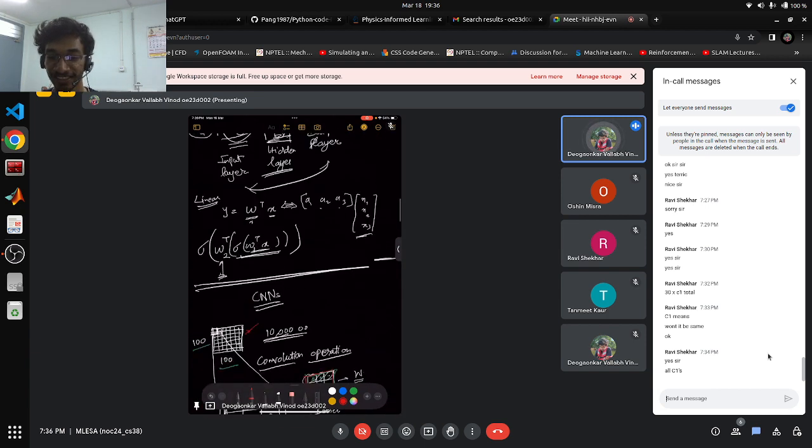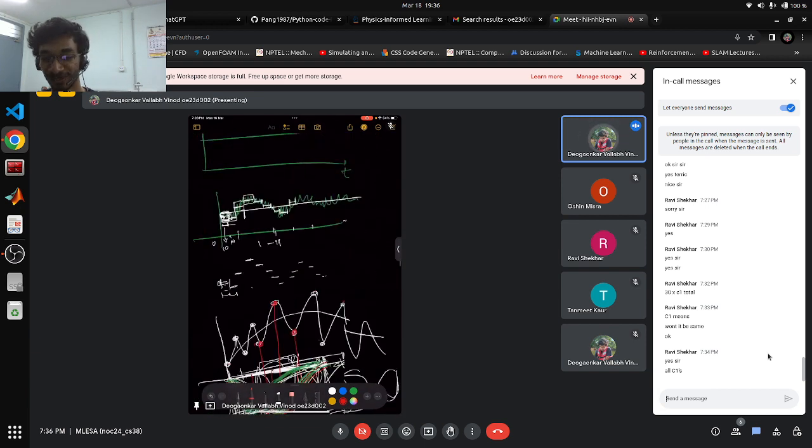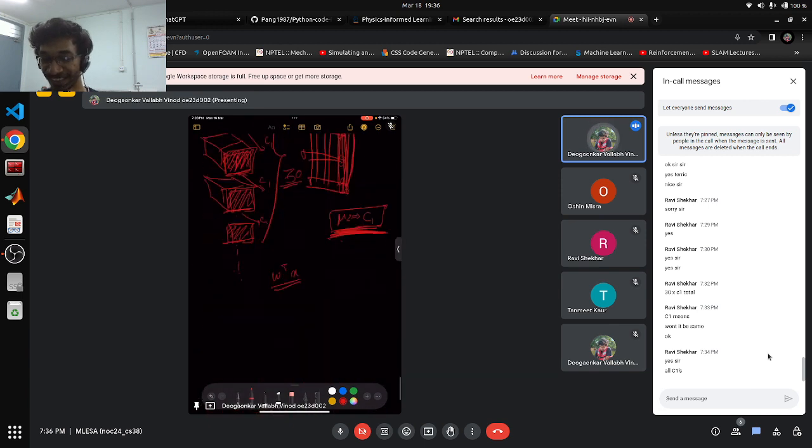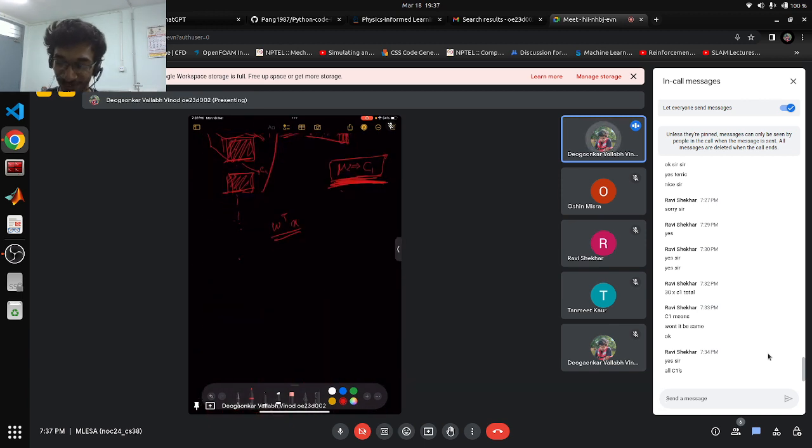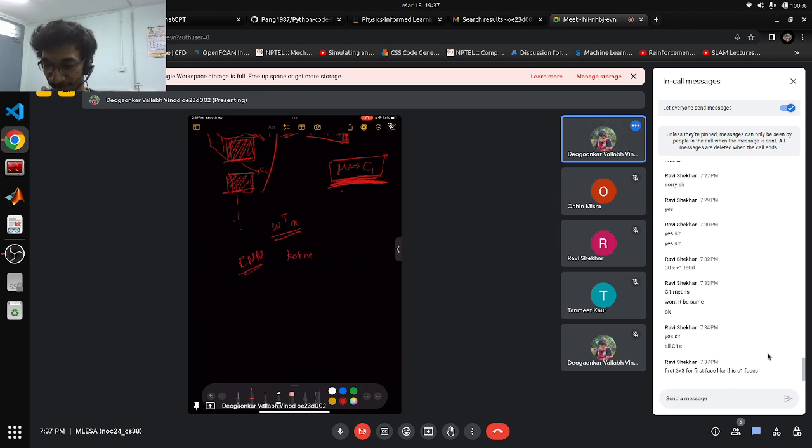What I actually want to convey is that in the case of a CNN, a kernel is a function, a kernel is a feature. First 3 cross 3 for the first phase, like this, C1 phases, correct, exactly.